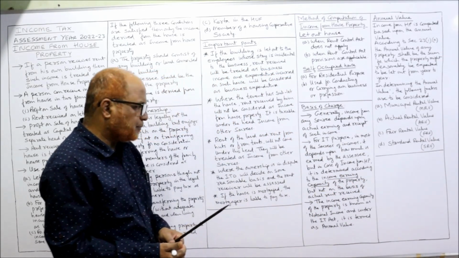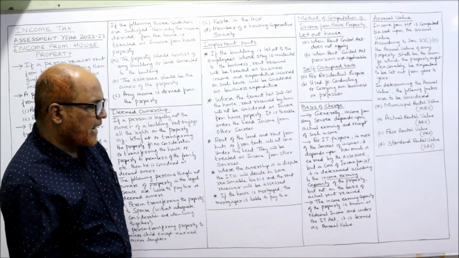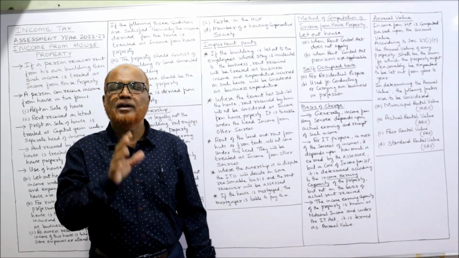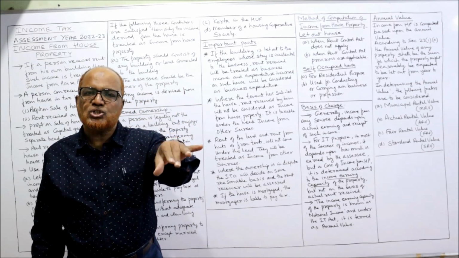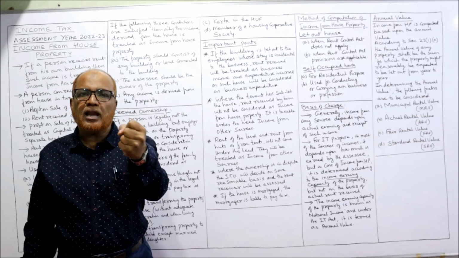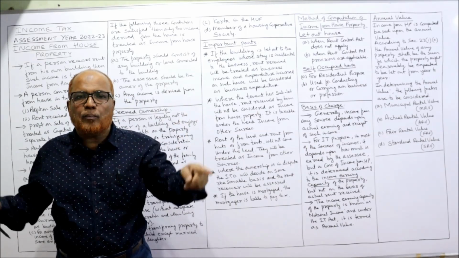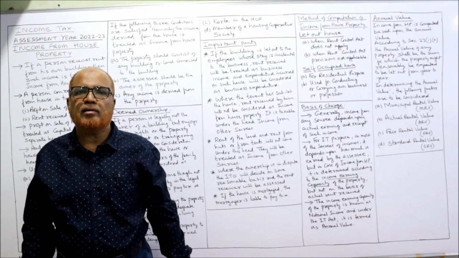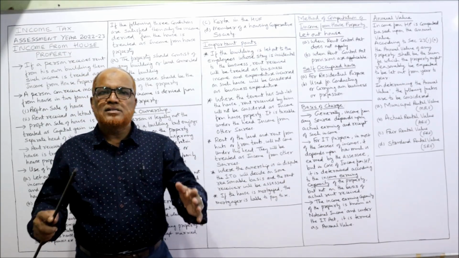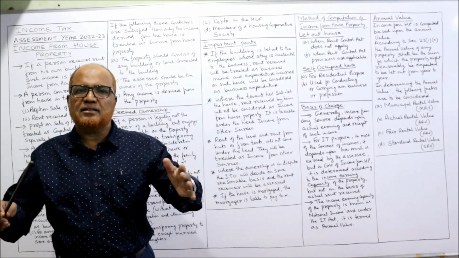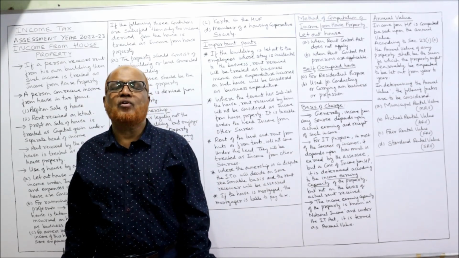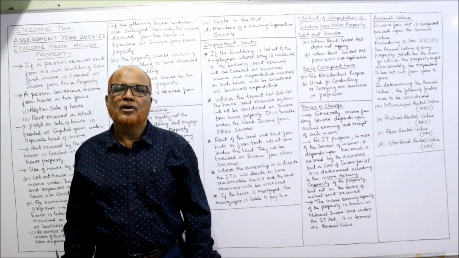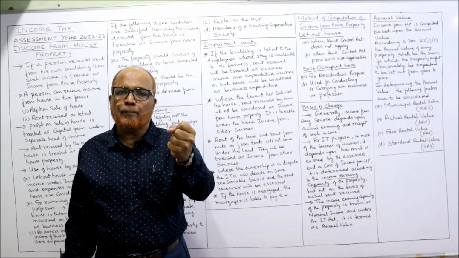of the property, but not on the basis of actual rent receipt. Income Tax Act says the income from house property will be charged according to the earning capacity of the property, not on actual rent receipt. Example, suppose you are having a flat at a posh area where the monthly rent of the property is 40,000 per month. 40,000 per month is the earning capacity.